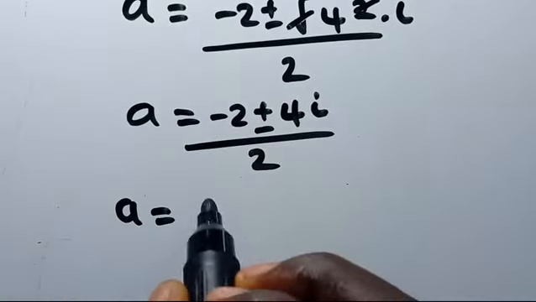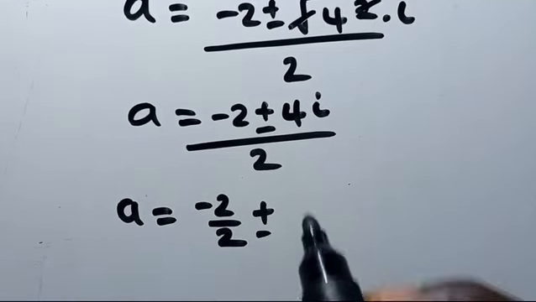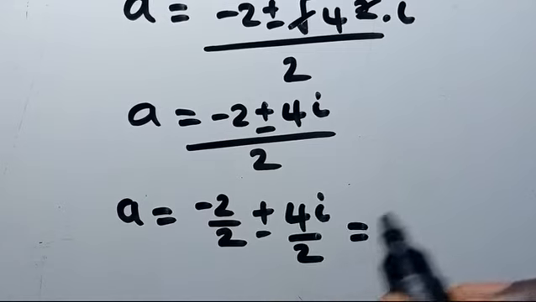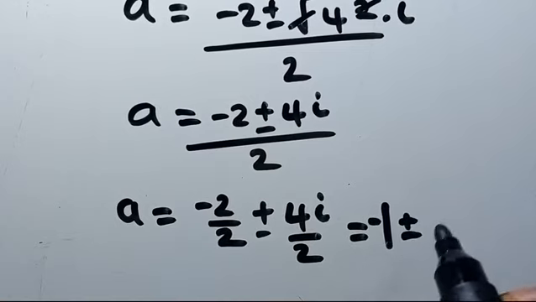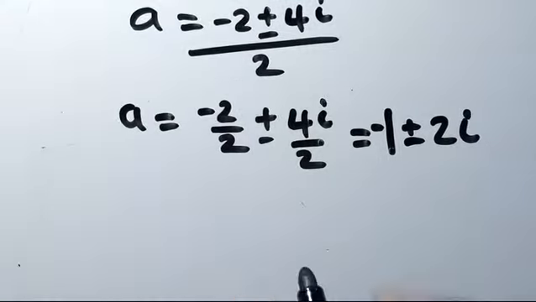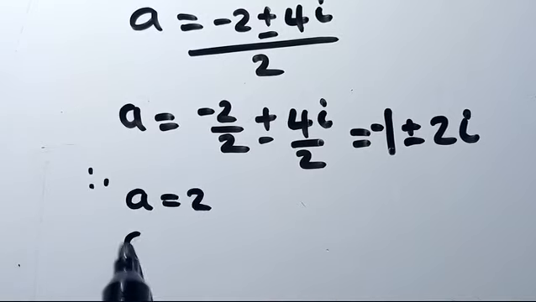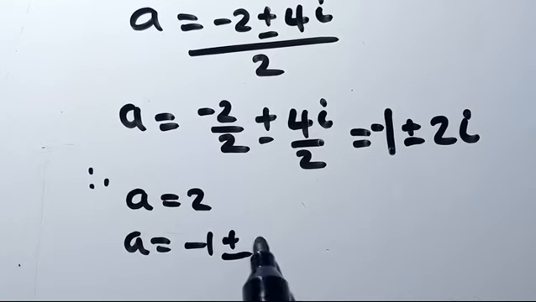So a equals minus 2 over 2, positive or negative 4i over 2. This will be minus 1, positive or negative 2i. So therefore, a equals minus 1 positive or negative 2i.